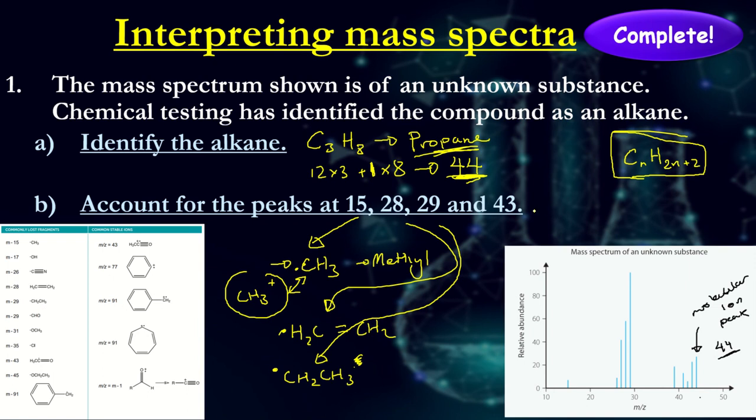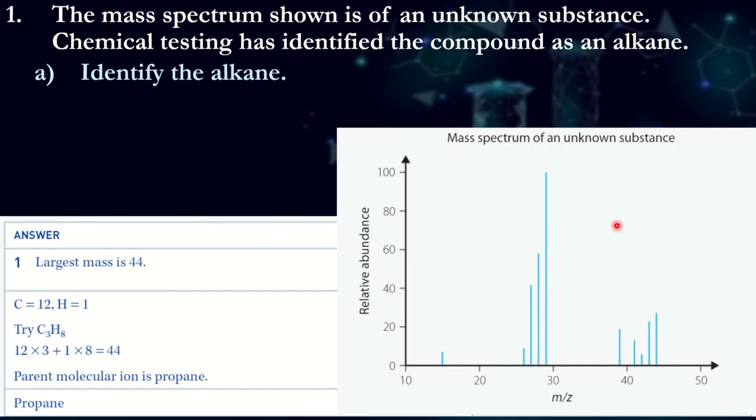And then the last one, 43, we have our other fragment here. You might even want to draw out the structure of the ion, but that wouldn't be really necessary here. So that's all the different peaks we have. You might want to say what the name is as well: it's propane, and it's broken into these fragmentations.